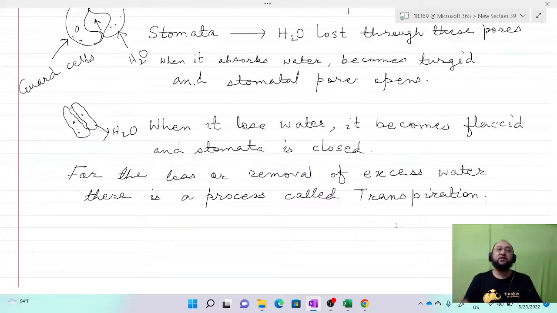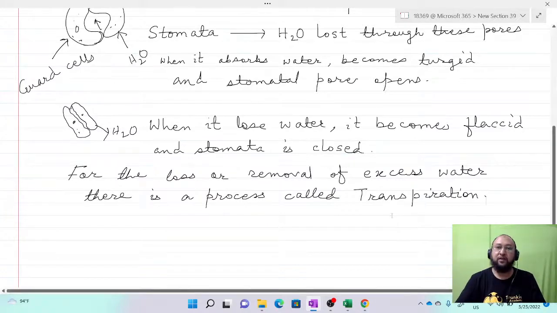During respiration and photosynthesis, we saw that water, carbon dioxide, oxygen, or some other gaseous waste may be produced. But apart from carbon dioxide, water, and oxygen, there are some other waste products also, organic byproducts. Okay, so this is the important point.